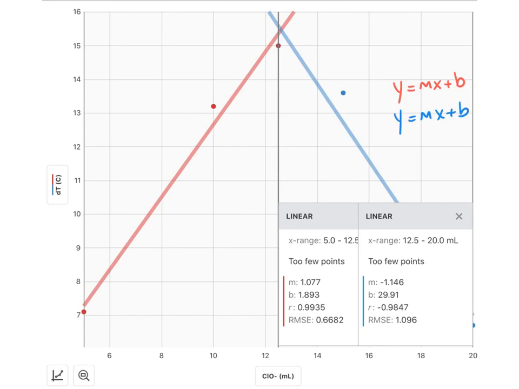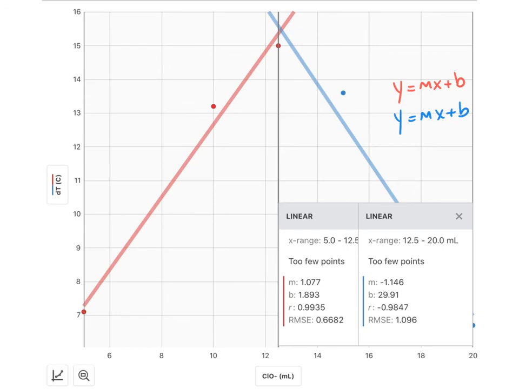So instead of estimating along the horizontal axis where this line falls, we're going to measure using math the exact x, the exact volume that will result in the highest delta T value. The remainder of the calculations can be done using stoichiometry and a calculator and q equals mc delta T.